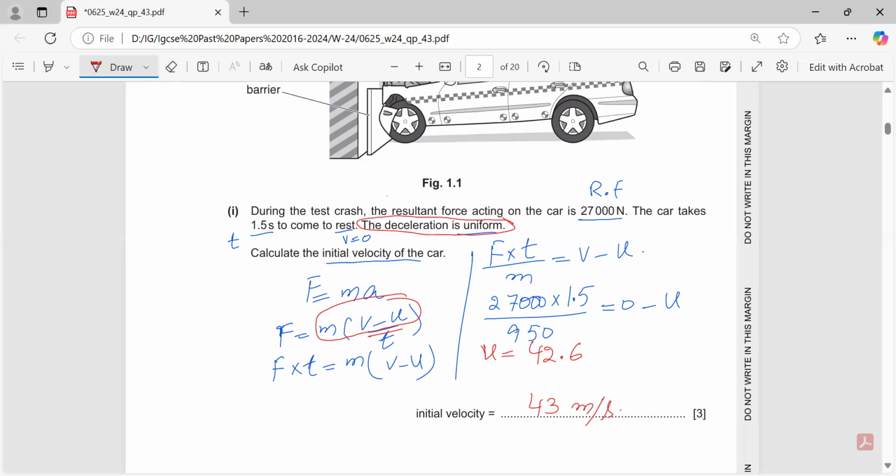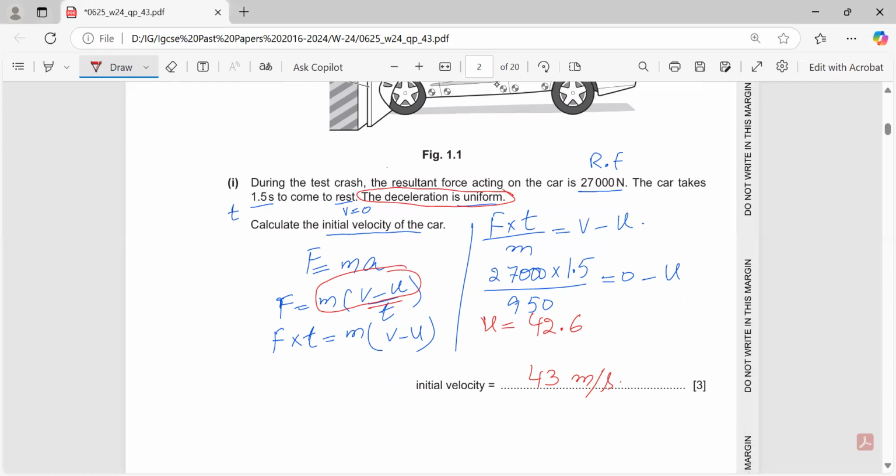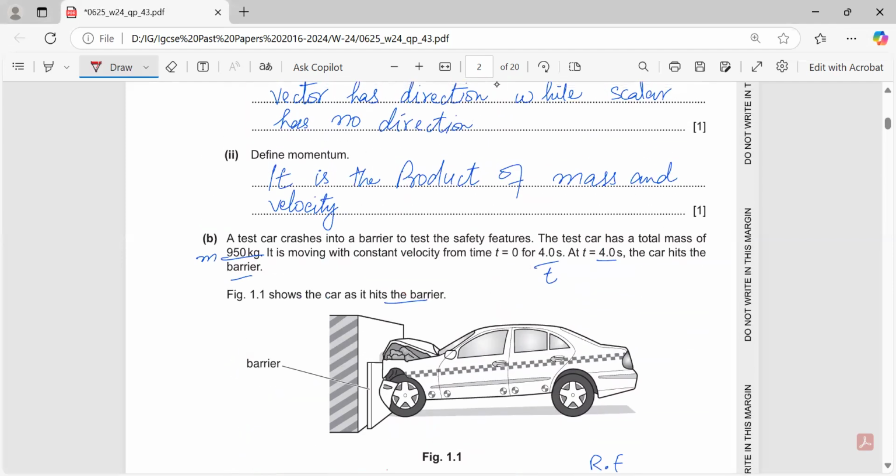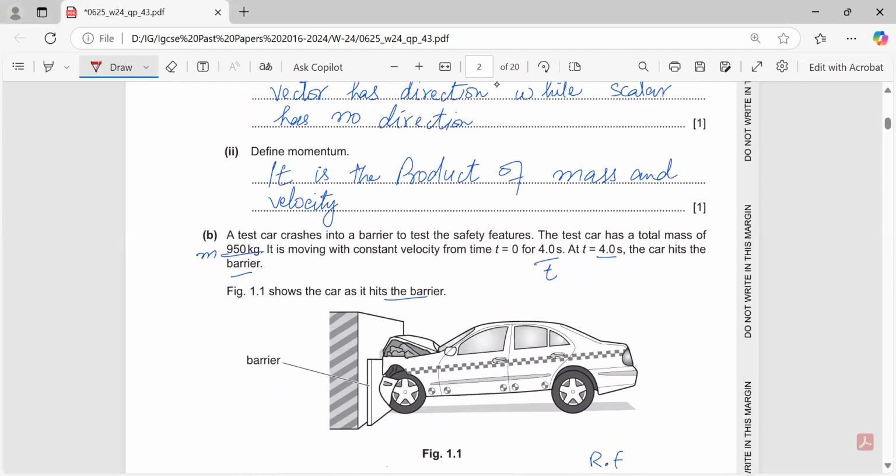Yes, my dear. Is it correct? Yeah. Wait a minute. Now, what I'm thinking, Mariam, I was expecting you people. So, see, first of all, it is moving with constant velocity from t is equal to 0 to t is equal to 4 seconds.